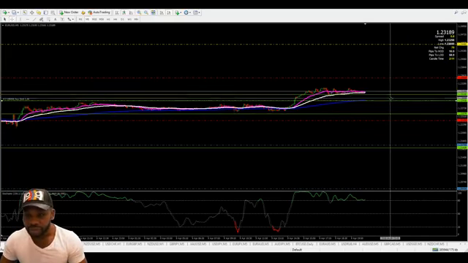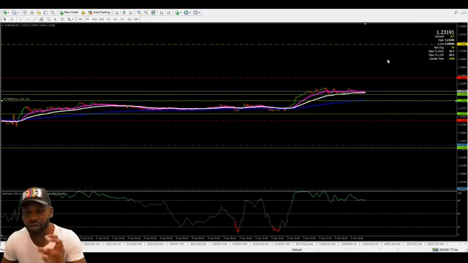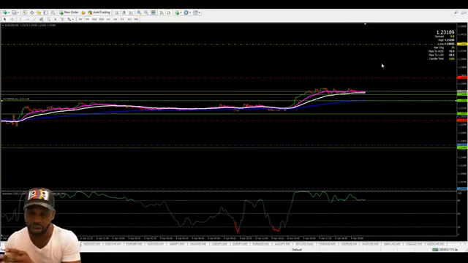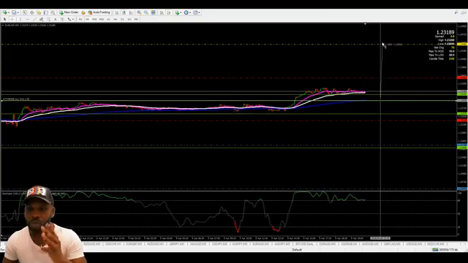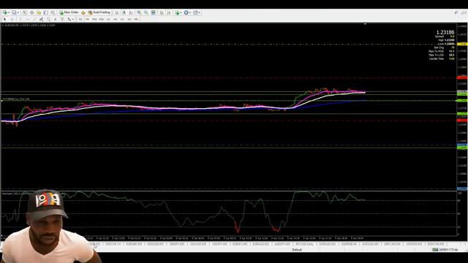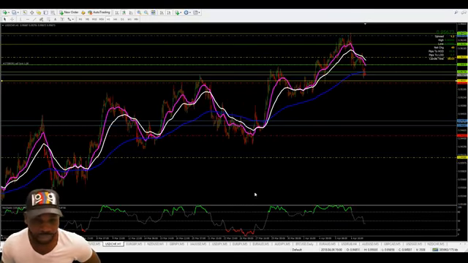I made from here to here, but I secured my money. I traded it a lot smarter. I traded this swing move in sections, and I traded it smarter than just getting in and hoping it goes there. Okay, so that's what I'm looking at for right now.